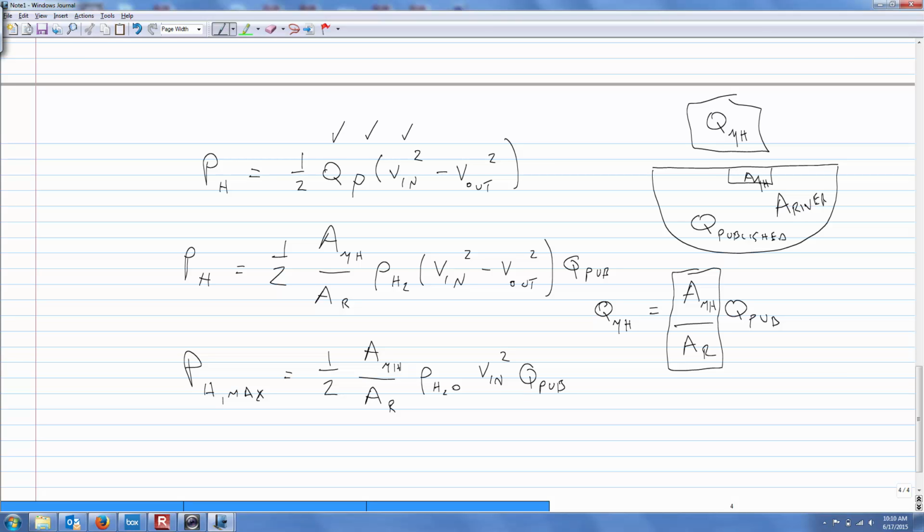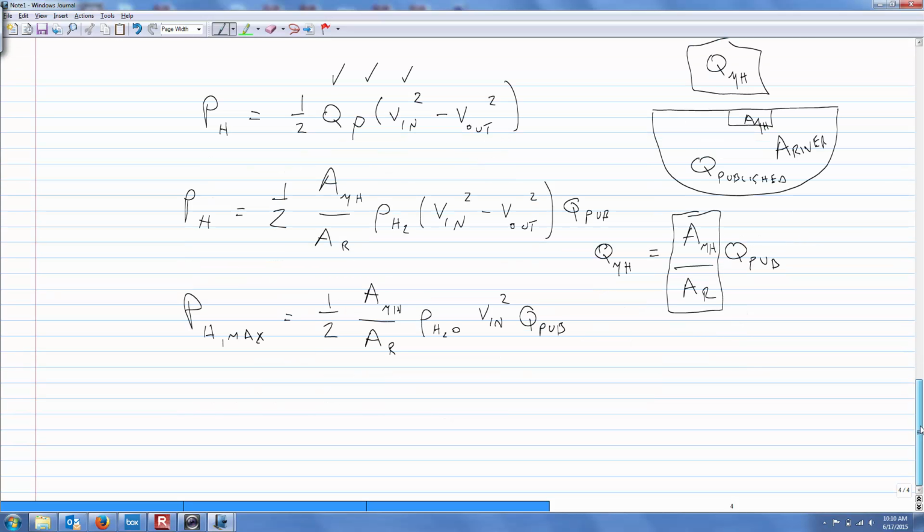Let's just do one quick little example. So P equals 1/2. Let's just say we're capturing 1%, so 0.01. And then our density is, let's do 1,000 kilograms per cubic meter.